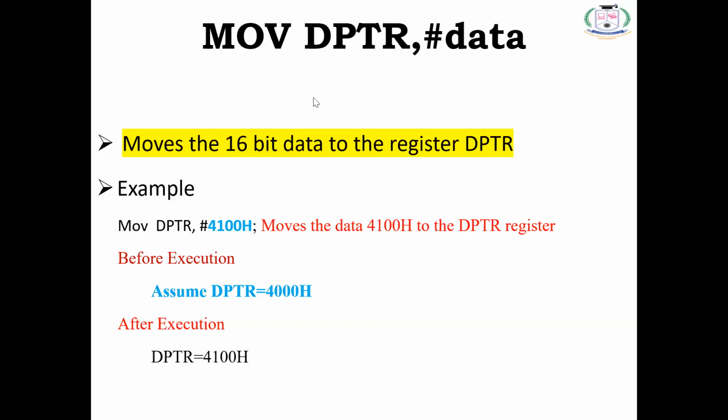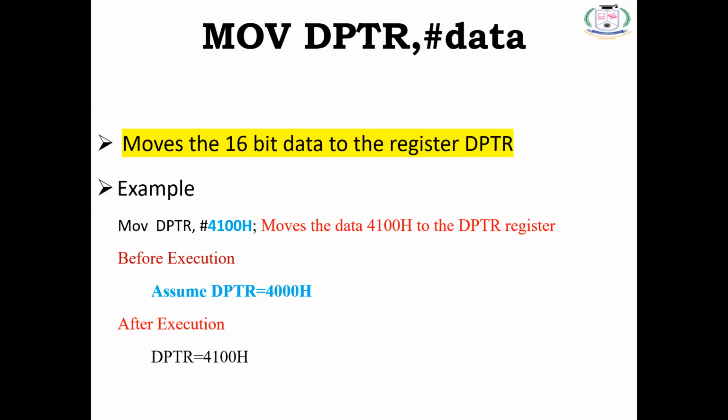Listen, Muttamil Selvi. DPTR is a 16-bit register. Are you clear? You mute your audio. DPH has 8-bit data and DPL has 8-bit data. So if I give DPTR, obviously it will take 16-bit data. So it moves the 16-bit data to the register. So far we have seen bank registers, accumulator and all. They can handle only 8-bit data.